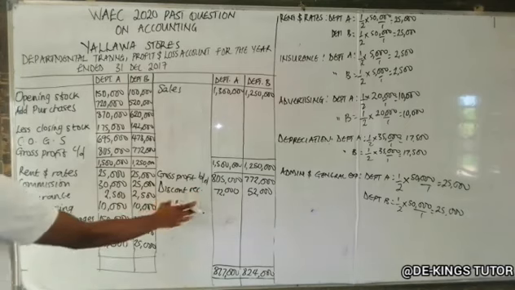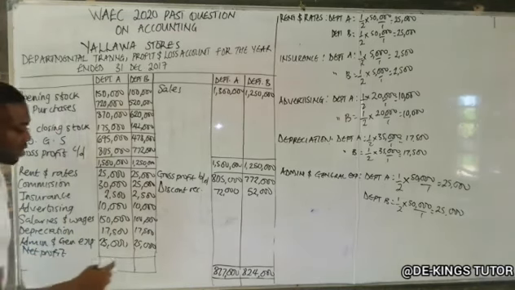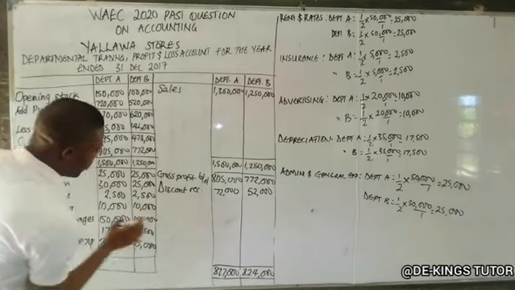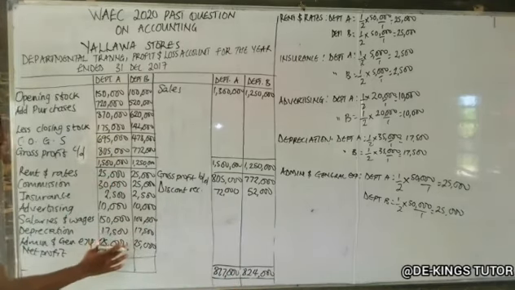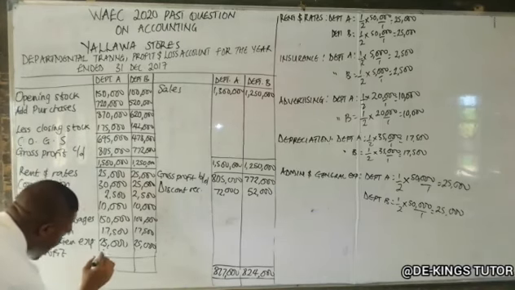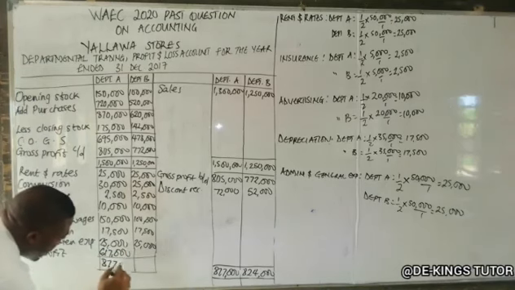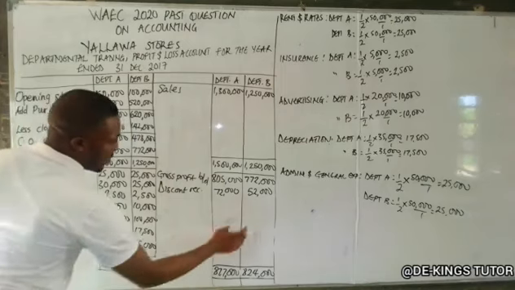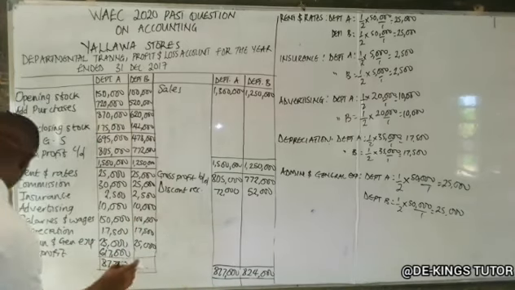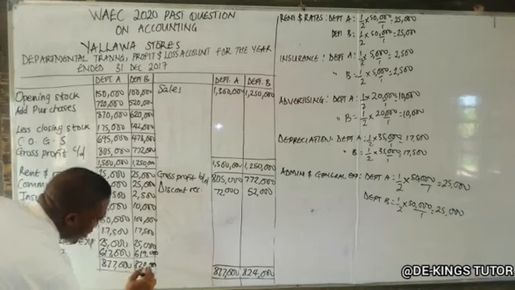So this side is bigger than this, so we are having a net profit. So for the Department A column, subtract this expenditure. The balance we are having will be 617,000, so that when we add, it will give us 877,000. And also, Department B column, subtract the expenditure. The balance we're having is 619,000, so that when we add, we'll have 824,000.